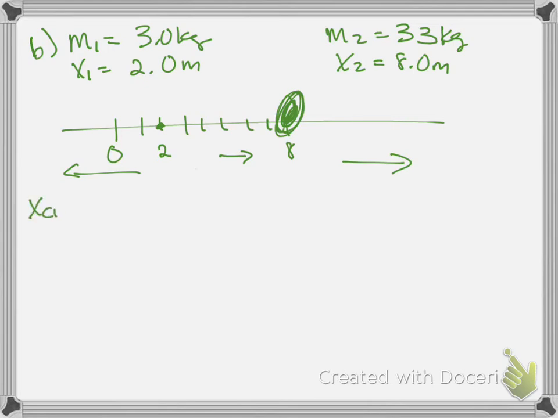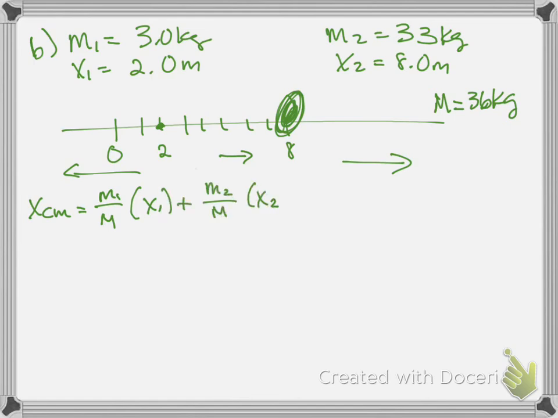So the x component of the center of mass is M1 over M. Let's do this explicitly. Big M is 36 kilograms, little M1 plus M2, times X1, plus M2 over big M times X2, plus dot, dot, dot, as many masses as we have. We only have two in this scenario.